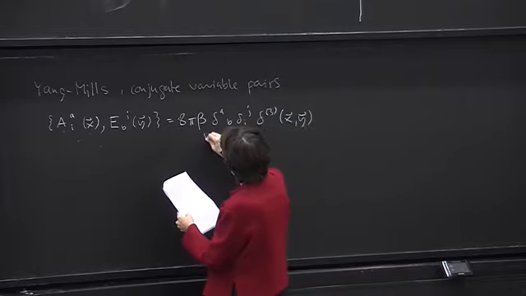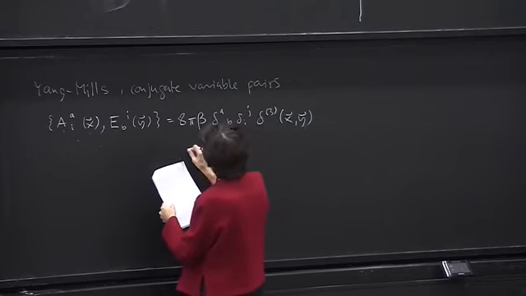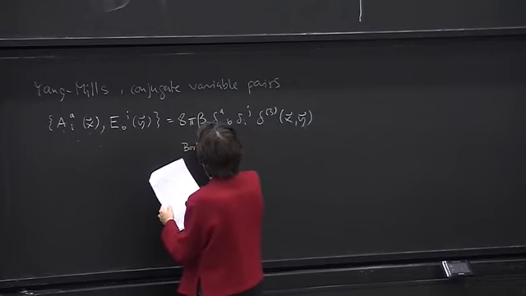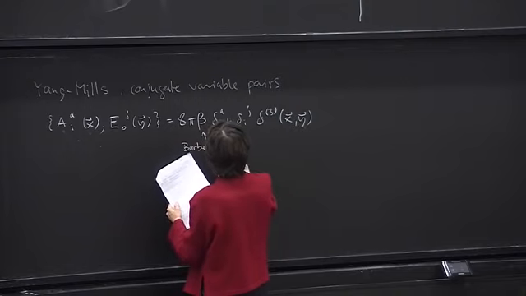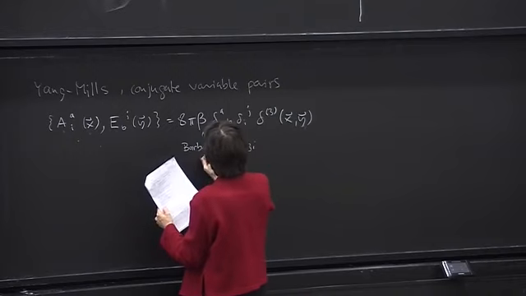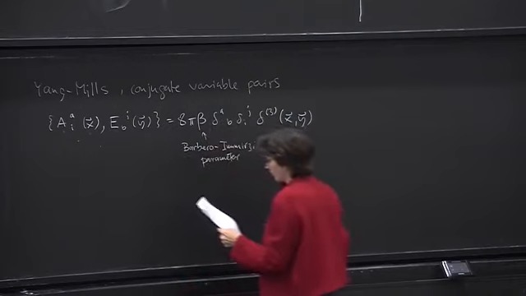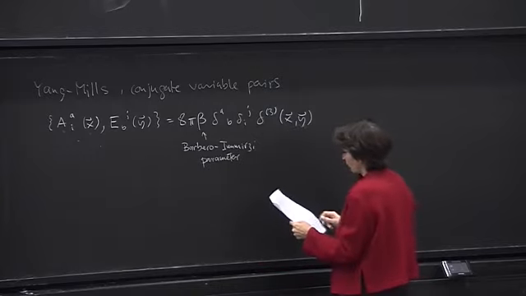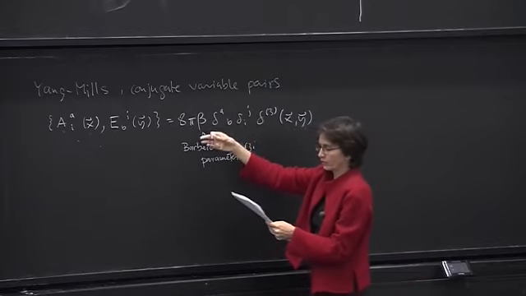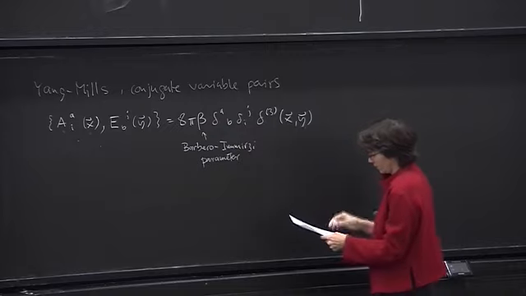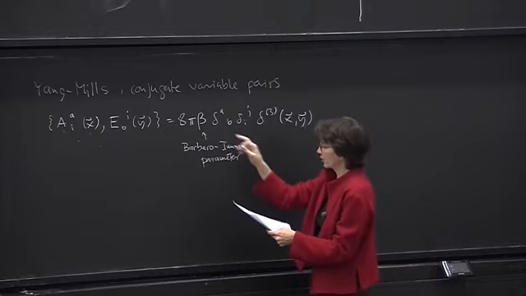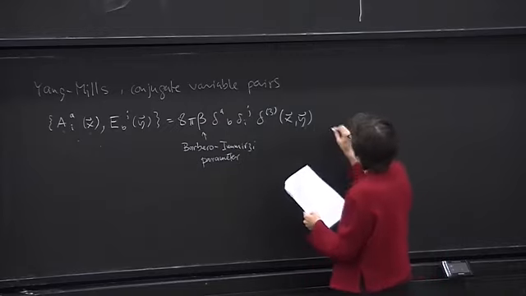And this beta here is a so-called Barbero-Immirzi parameter. So that appears in this formulation. A priori, it's just a complex non-vanishing number.